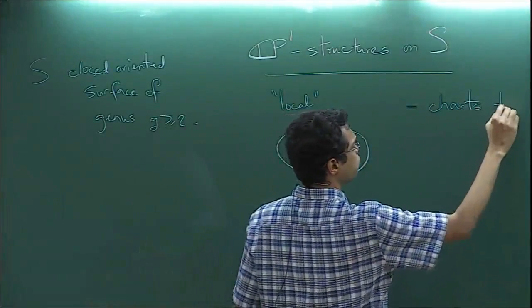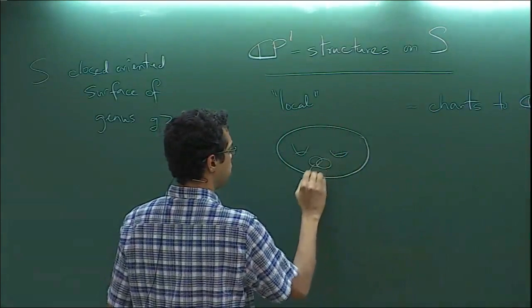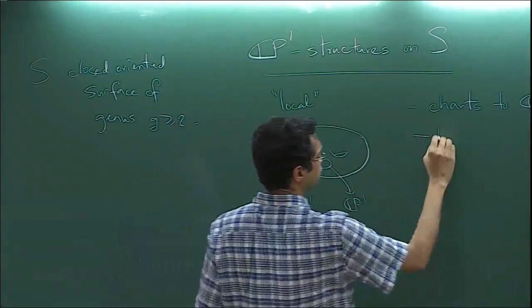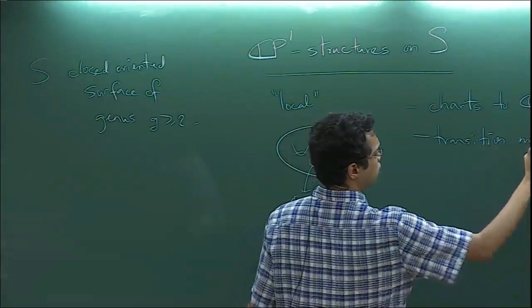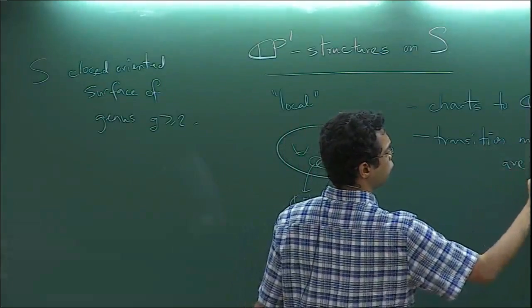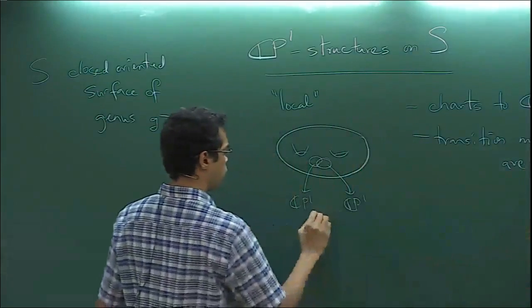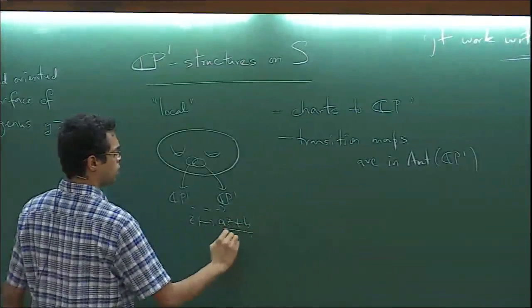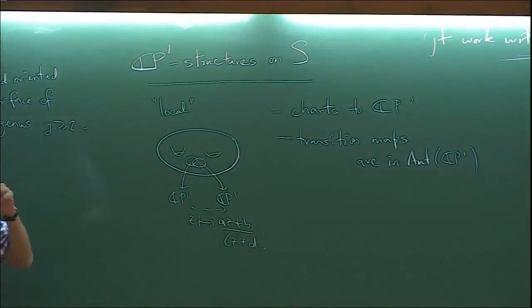So you have charts to CP1 from the surface, such that the transition maps defined on the overlaps are restrictions of automorphisms of CP1. So on the overlaps, they are Mobius transformations. So that's one description of a complex projective structure.